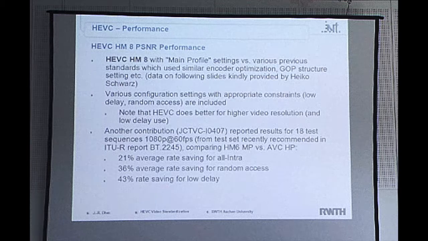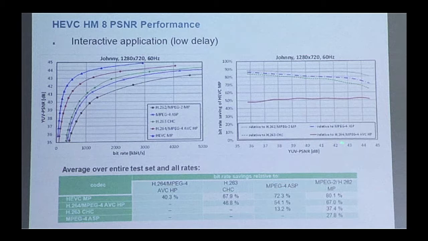And here's one example, interactive application, so that is more or less communications. What you see here is the gain, the red is the gain over different qualities, gain relative to AVC high profile. It's roughly 50% lower bitrate.